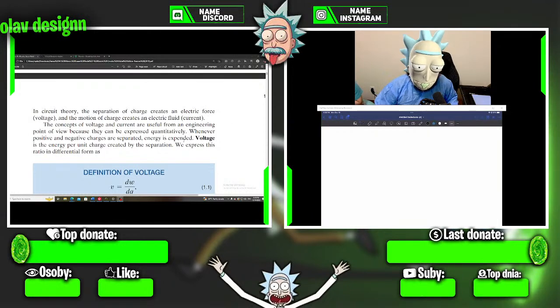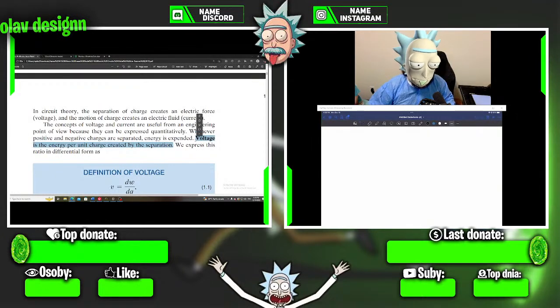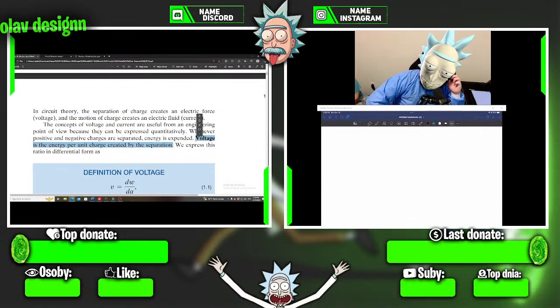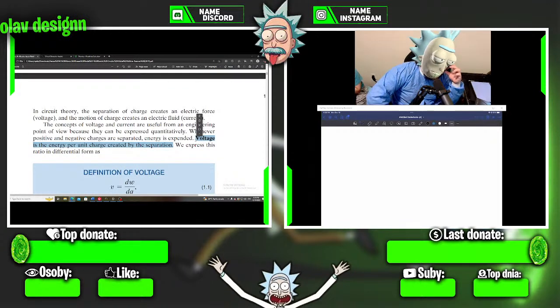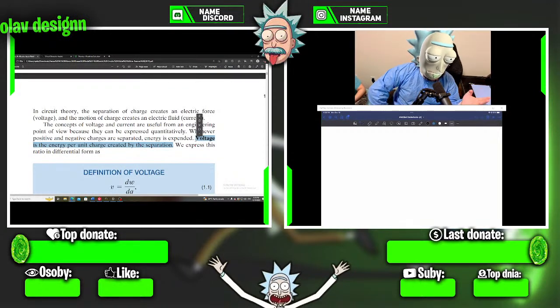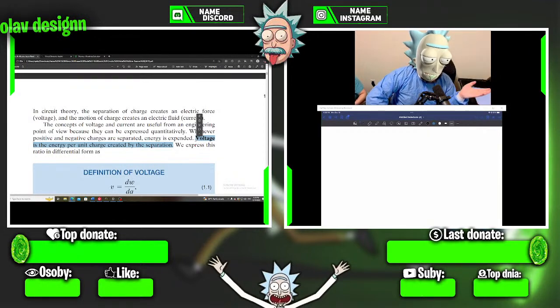Voltage is the energy per unit charge created by this separation. The amount of energy that you end up using by separating these things is the voltage. If I've got electrons, they're negative, and they're getting pulled towards the right.